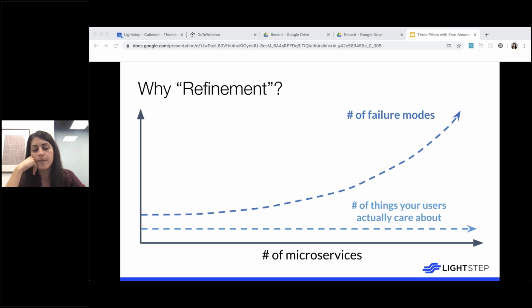And even if we could build a dashboard that had every possible failure mode on it, we don't have time as human beings to sort through all of that. A lot of the times when one service is experiencing a failure, you'll see that failure crop up in a number of other services concurrently.